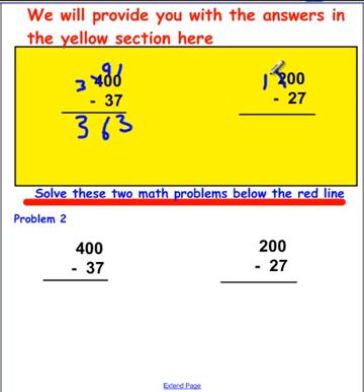Then we take 10 tens and put them here. However, we must take one of those tens and place it right here. So we no longer have 10 tens here, we do have 9. 7 from 10 is 3. 2 from 9 is 7. And we bring down the 1. So our answer should be 173. Please pick up an eraser and erase your screen.